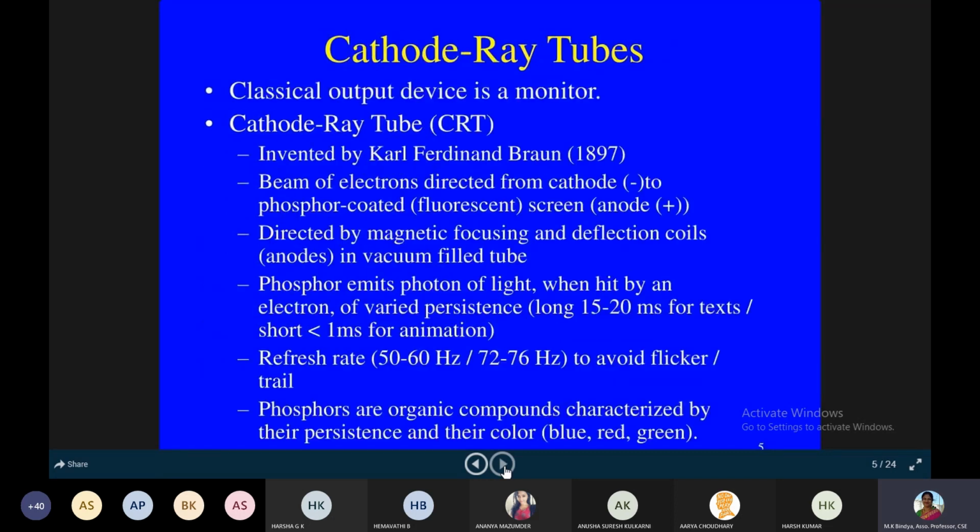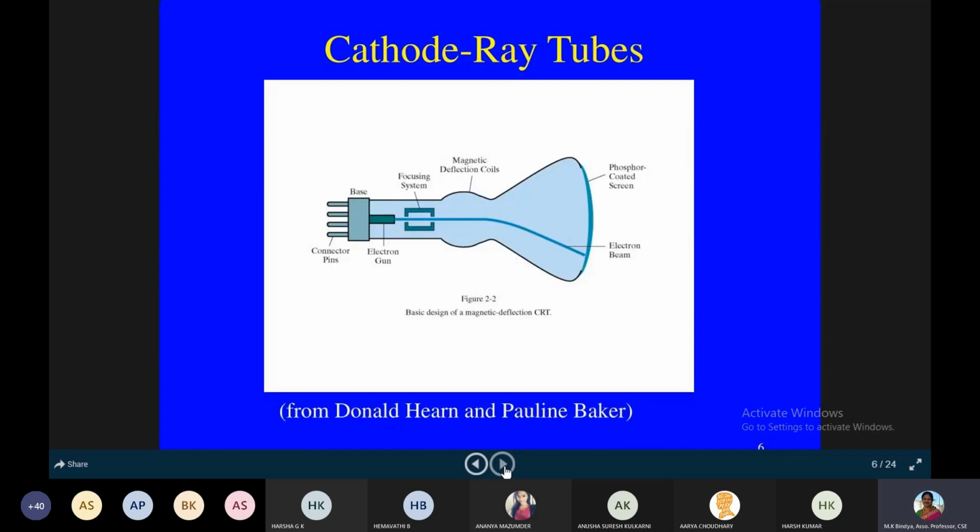Let us start with the first type of video display device, that is the cathode ray tube. This diagram is very important, students. This is the basic design of the cathode ray tube. CRT stands for cathode ray tube.